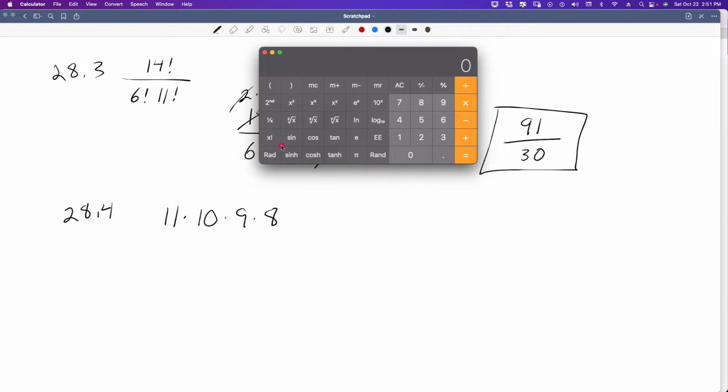So here is your factorial button. You should have something that either looks like an exclamation point or X with an exclamation point in order to do that. So what we have to see first is that we're missing the number 7 after here. So we would think about how that would work as a factorial, right?